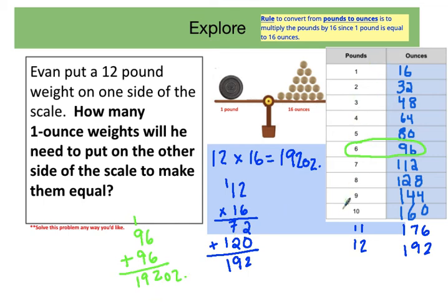Again, this first strategy, because we had the chart up to 10 pounds, it wasn't so difficult to just go ahead and continue. You could have also used what you knew from the chart. We knew what 10 pounds was, we knew what 2 pounds was, we could have just added those two amounts as well.